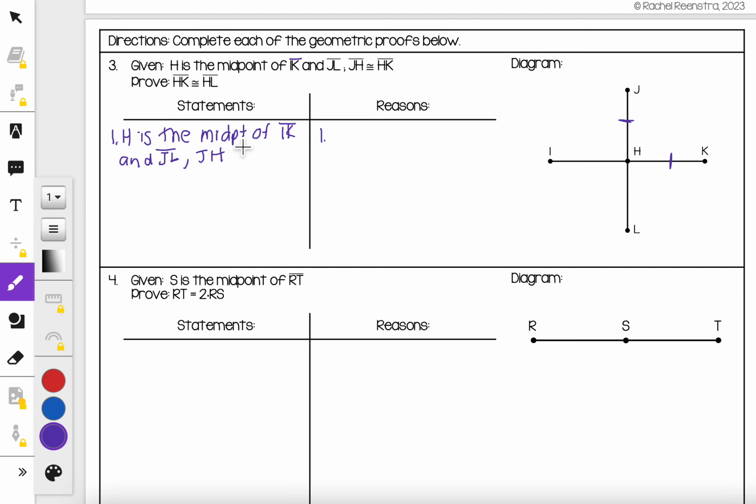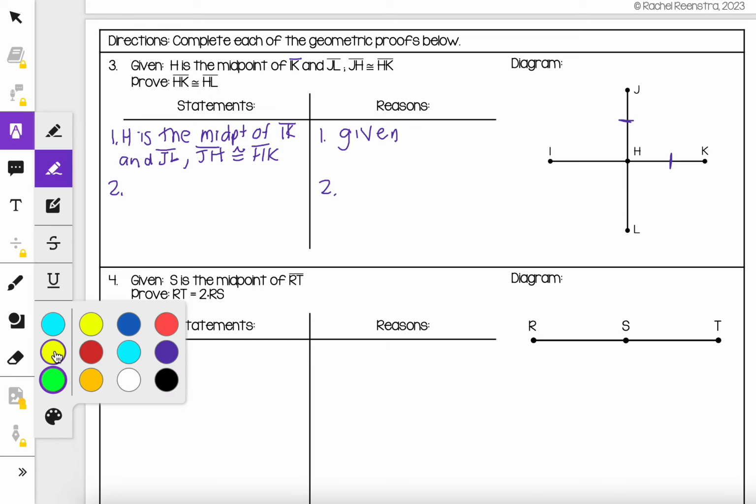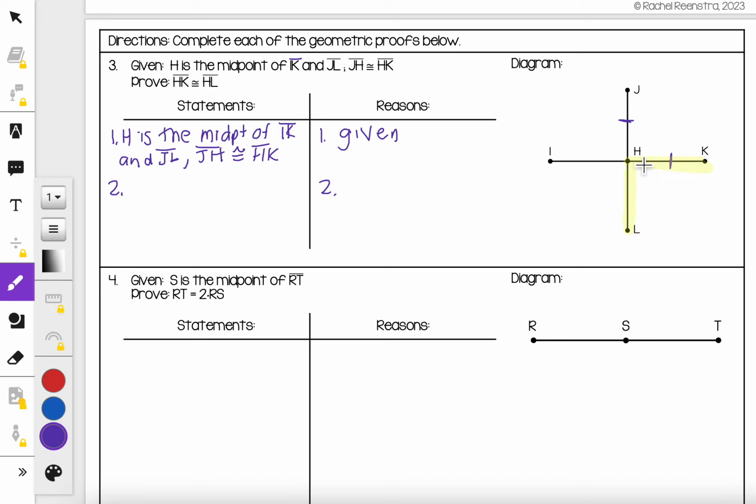And JH is congruent to HK. Okay. Now, I want to try to prove that HK is congruent to HL. So I want to try to prove that these two segments are congruent. Now I highlighted in there, I didn't mark them off as being congruent because it's just what I'm trying to prove here.